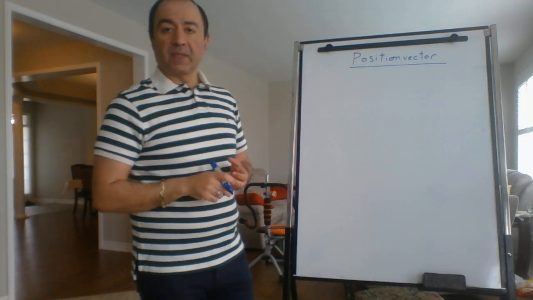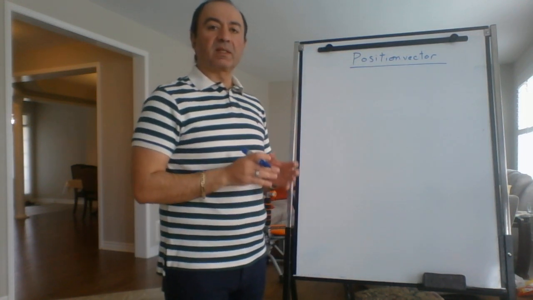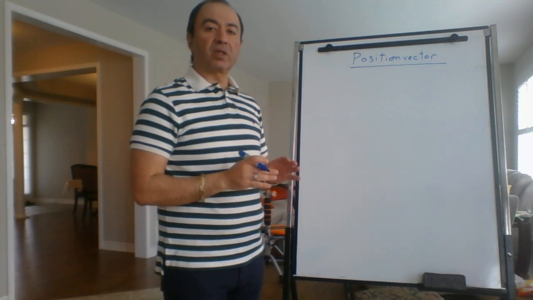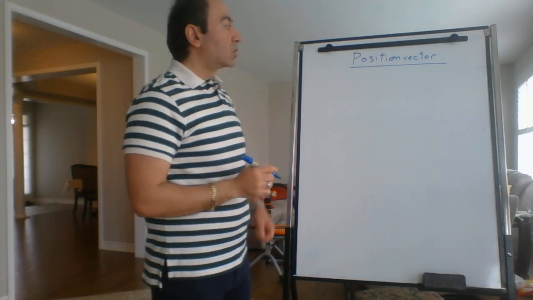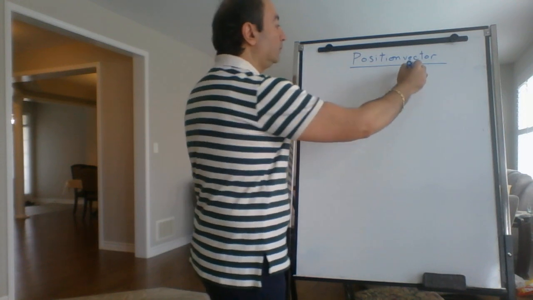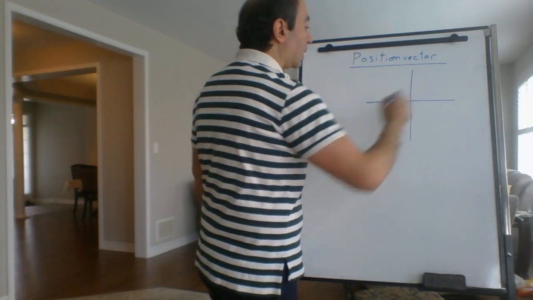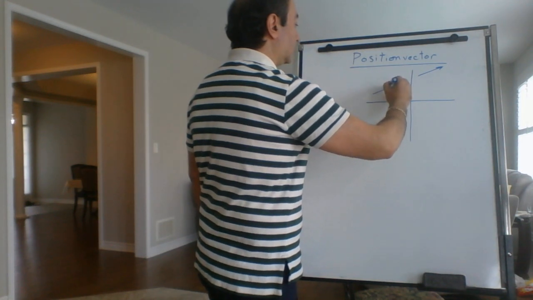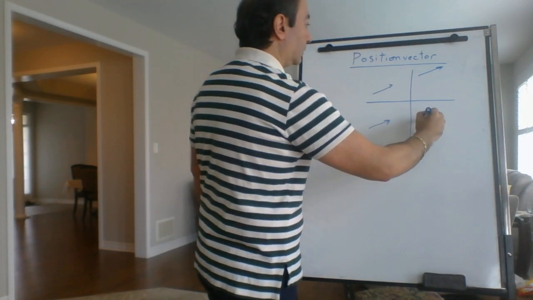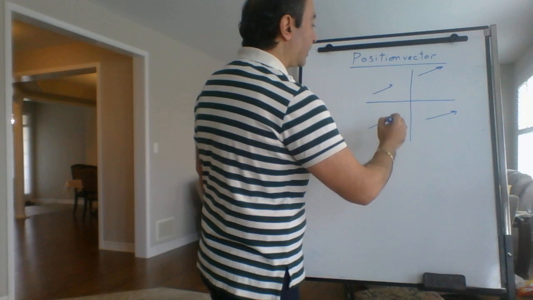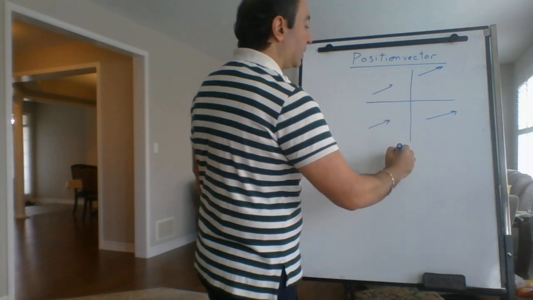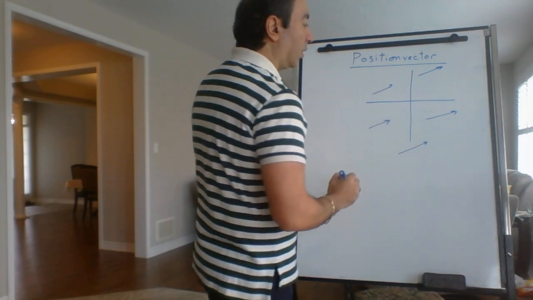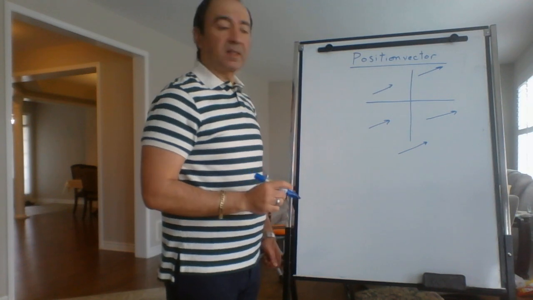We know that parallel vectors with the same magnitude and the same direction are the same. So all of these vectors that are parallel and with the same length are all equal, all are the same.